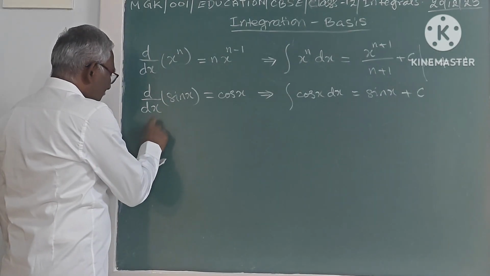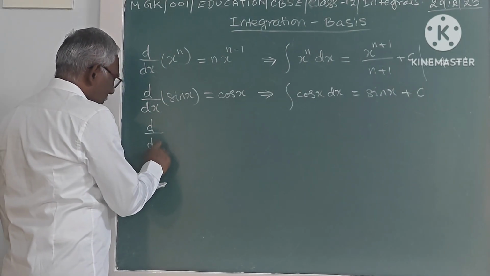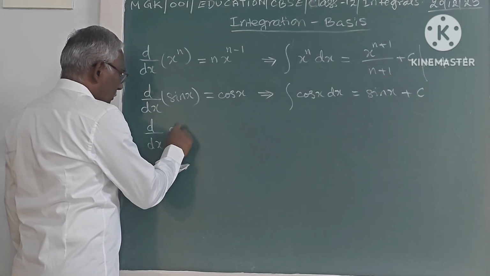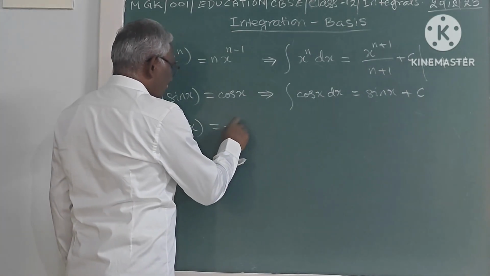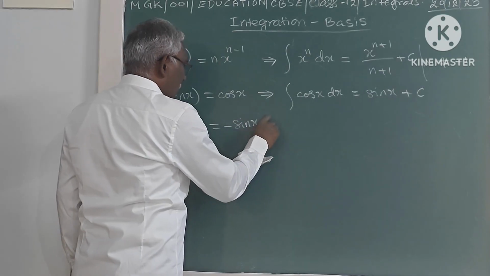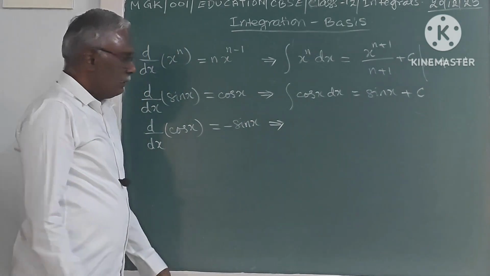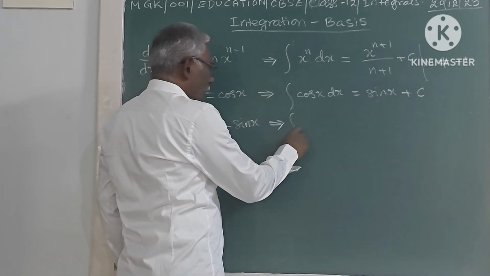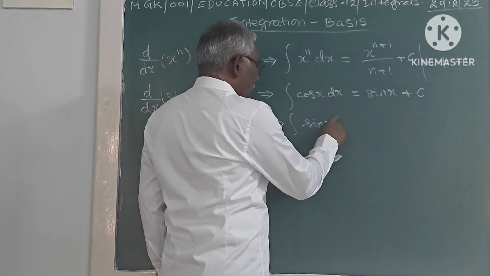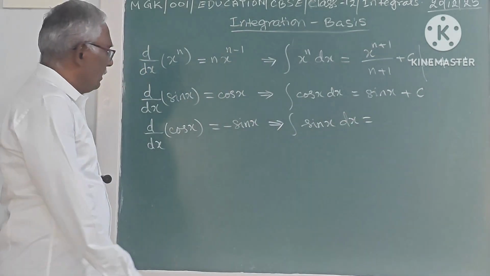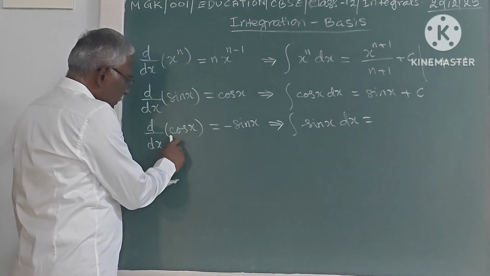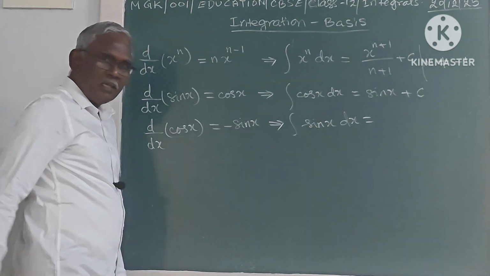So differentiation of cos x is equal to minus sin x. So this gives what? Integral sin x dx is equal to, so we know if we differentiate cos x, we are getting minus sin x.